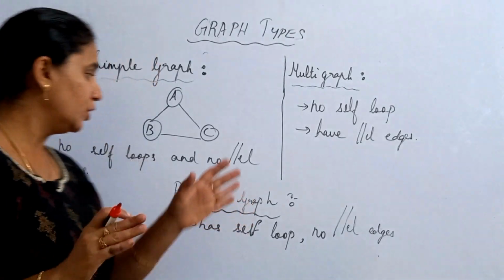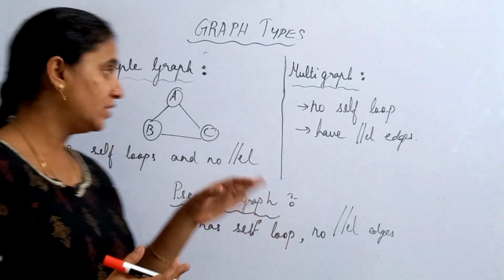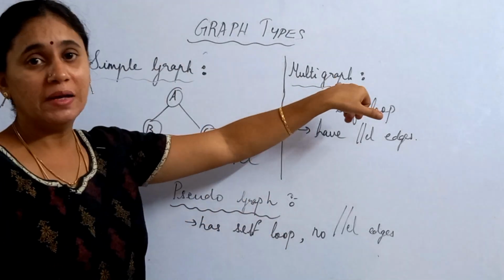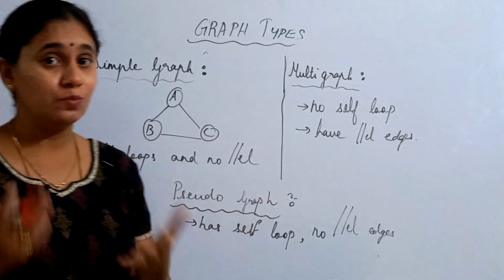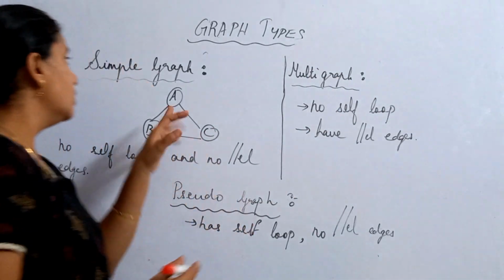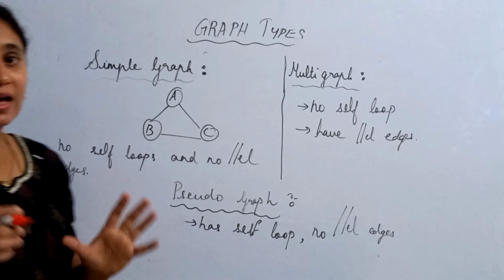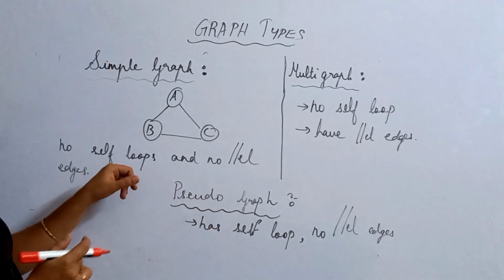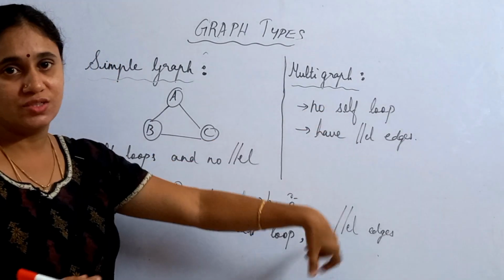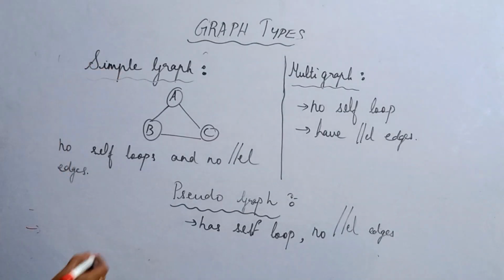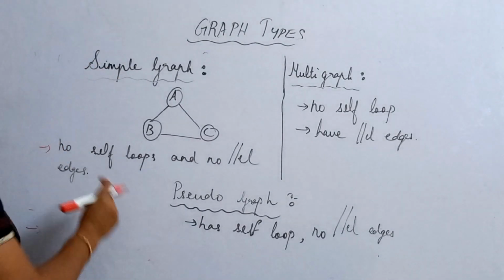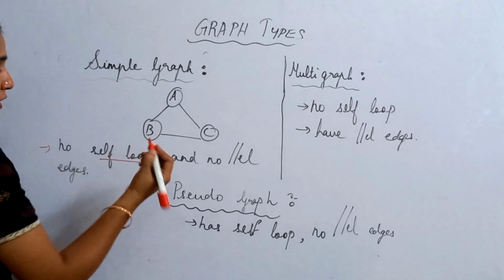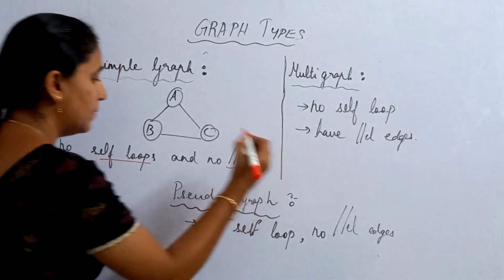So friends, now we are going to discuss another type of graph techniques. It is simple graph, multigraph and pseudograph. It is a very easy one. Okay. So what is a simple graph? A graph is called a simple graph if it satisfies these conditions. Meaning it will not have self loops, and it will not have parallel edges.